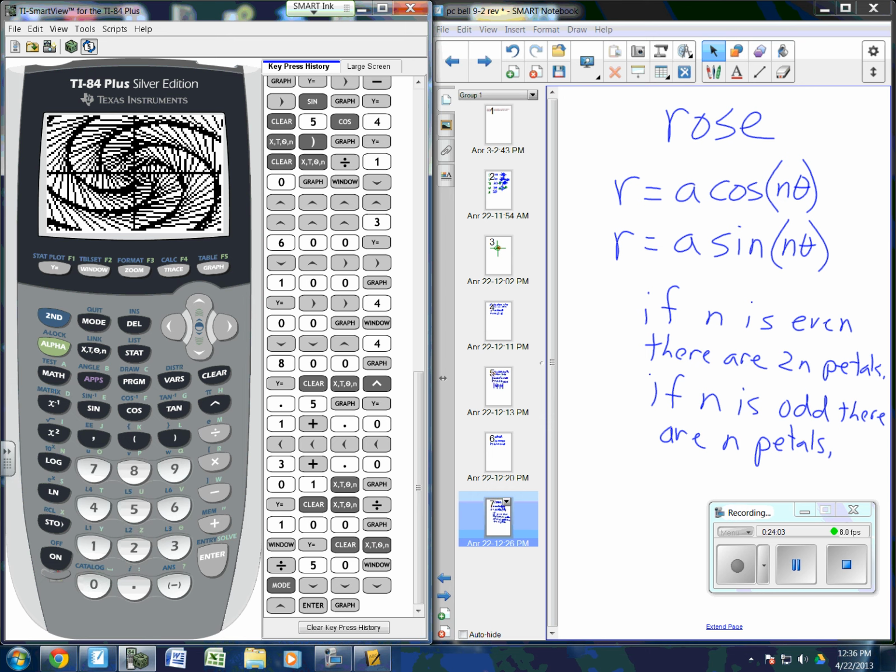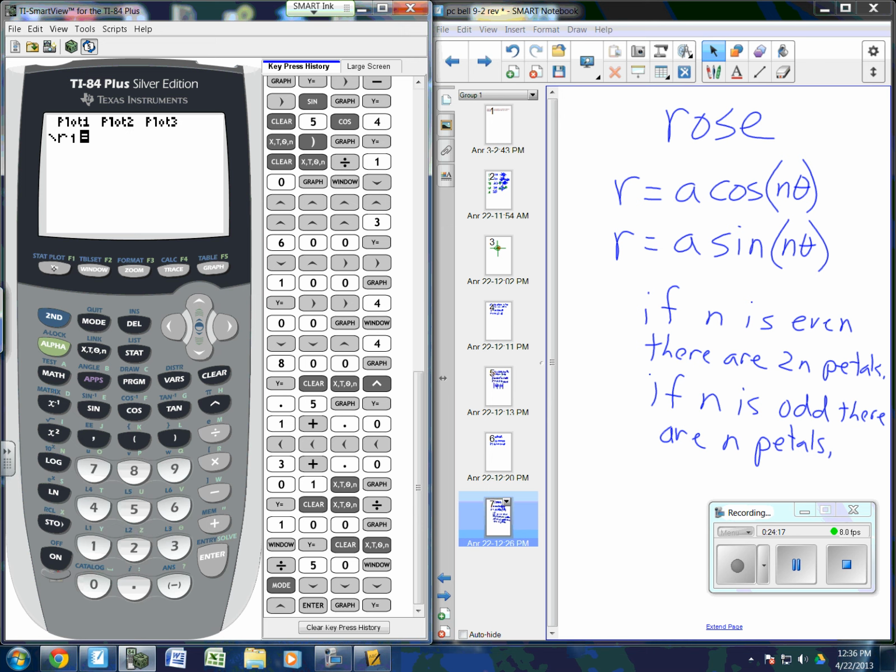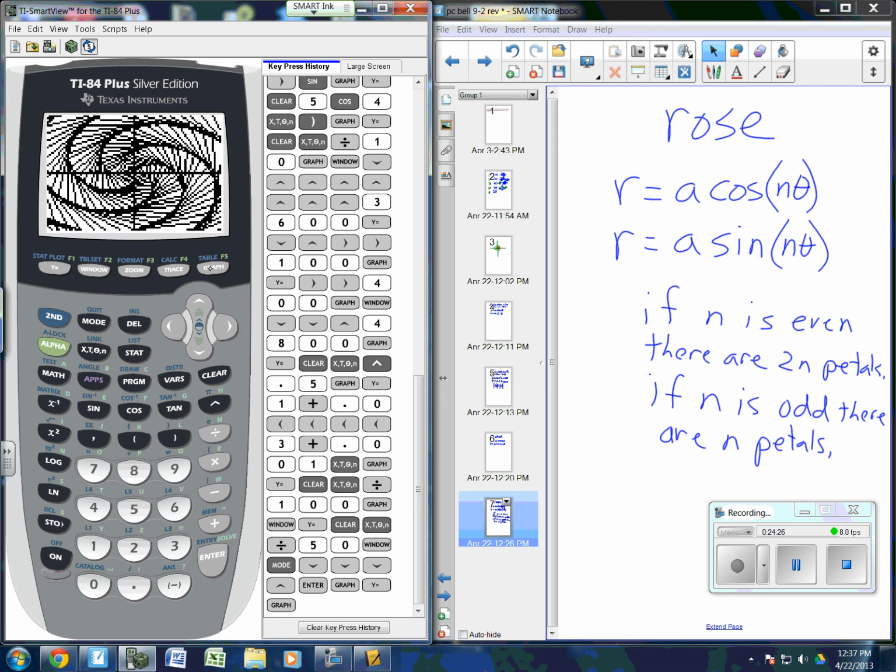I have to say that. There's symmetry to that one. Now, why is theta divided by 50 in radians going to do that? I don't understand that one. But it probably goes really fast.